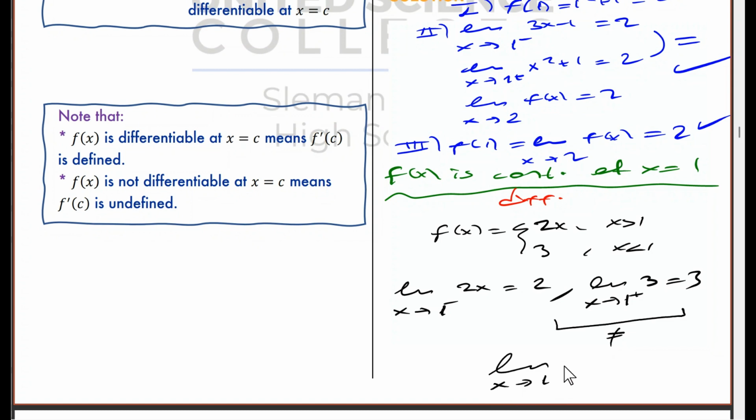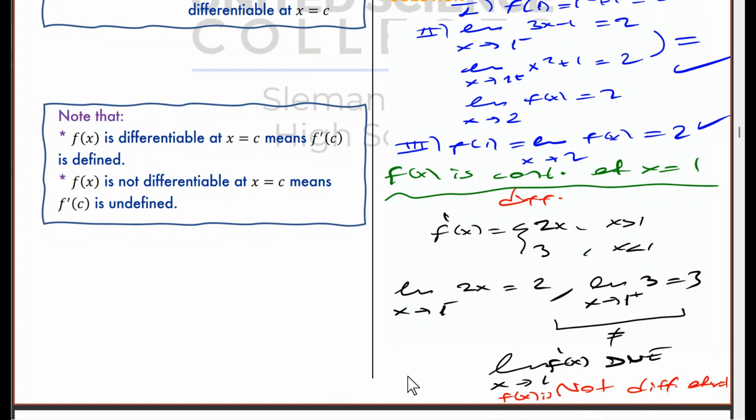The limit as x approaches 1 of f prime, sorry, here, f prime of x does not exist. So since the limit does not exist, there is no derivative at 1. So f of x is not differentiable at x equals 1.